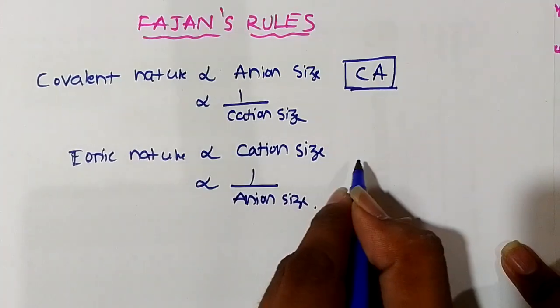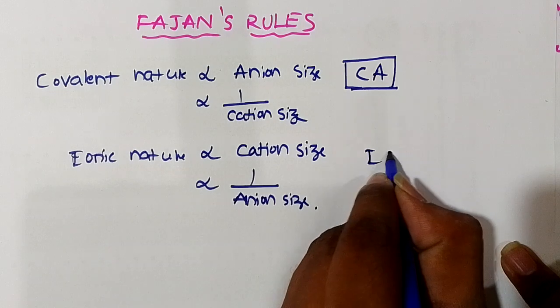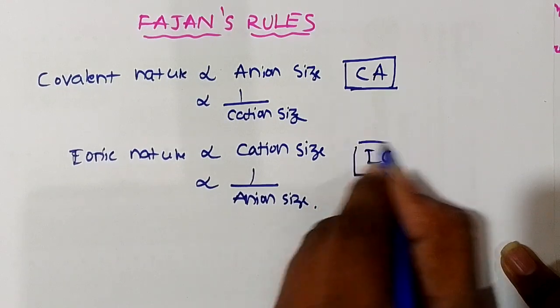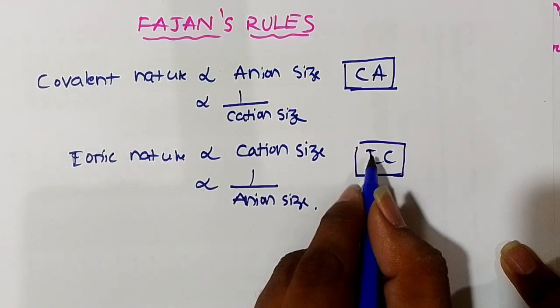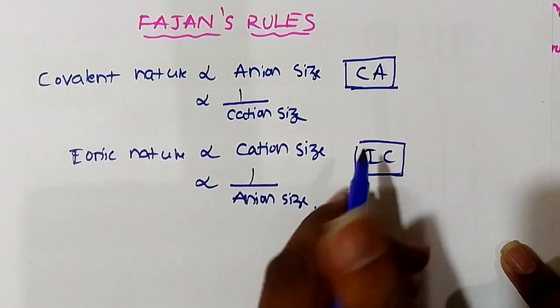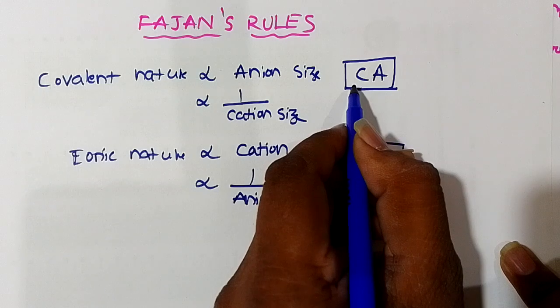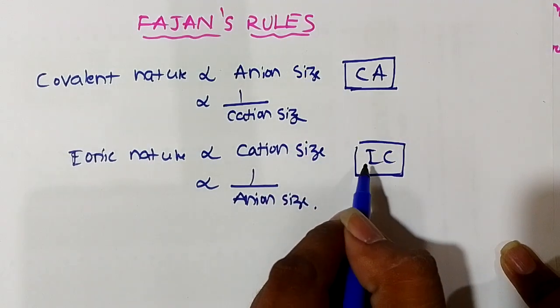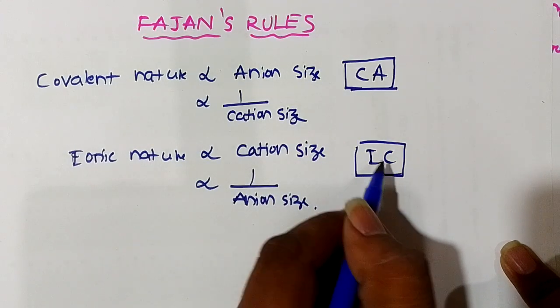You should remember one thing, that is IC, intensive care. That means ionic nature is directly proportional to cation size. Here covalent nature is directly proportional to anion size. Ionic nature is directly proportional to cation size.